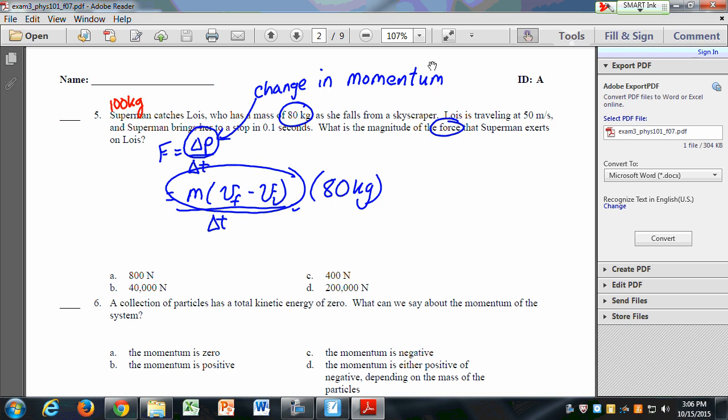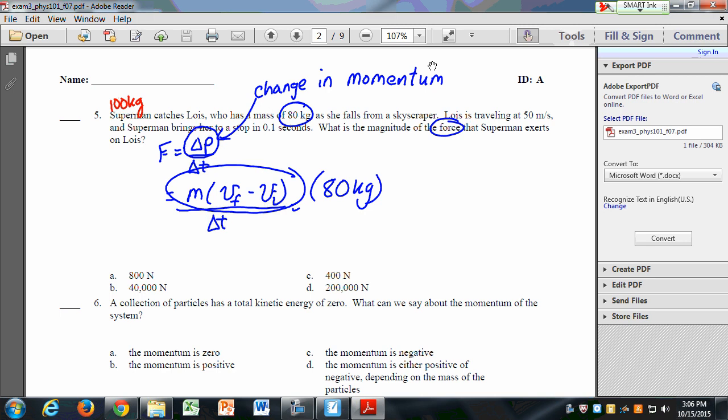It's not necessary because the thing that's changing velocity here is Lois, right? Lois is falling, Superman zooms along and he catches her, taking her from a velocity of 50 meters per second to 0 meters per second in 0.1 seconds. So Lois is the one who's changing velocity, and so Lois's mass is what we need to consider. So be careful.